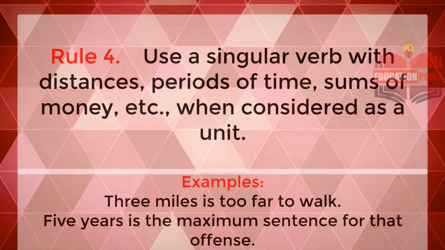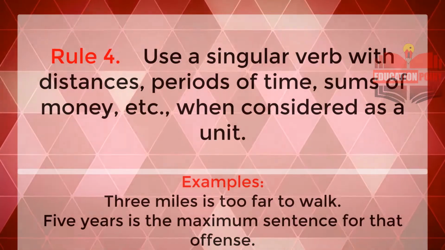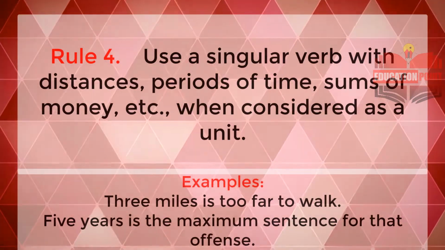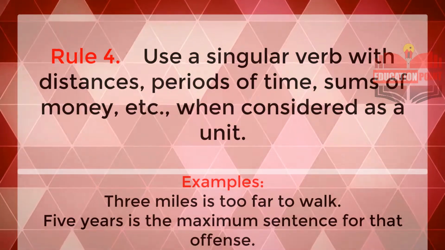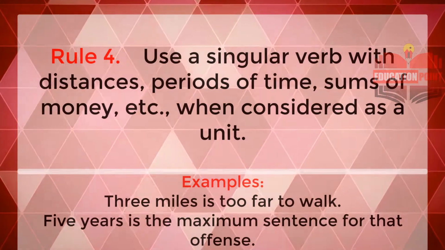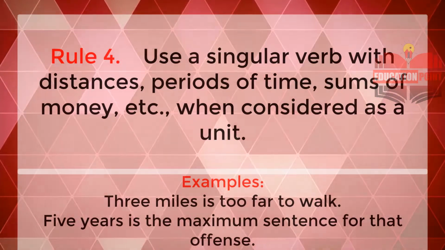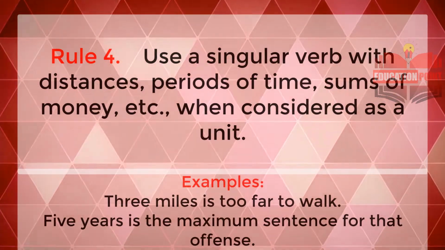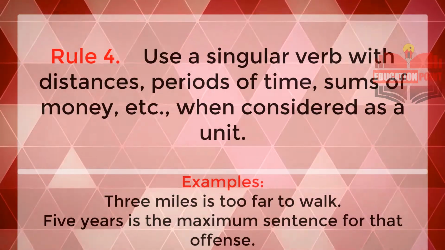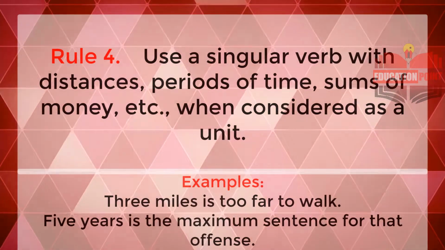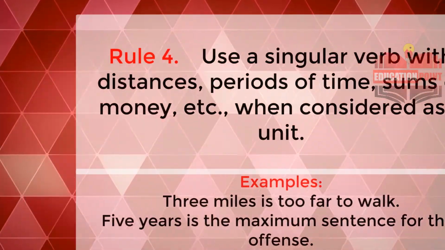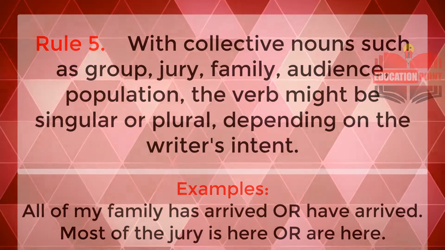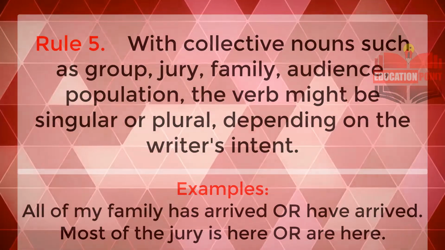Example, 3 miles is too far to walk. Here we are talking about 3 miles, not 1, but still we are using the singular verb, that is, is. 5 years is the maximum sentence for that offense. 5 years is more than 1, which means it's plural, but still we are using the singular verb as the rule says.